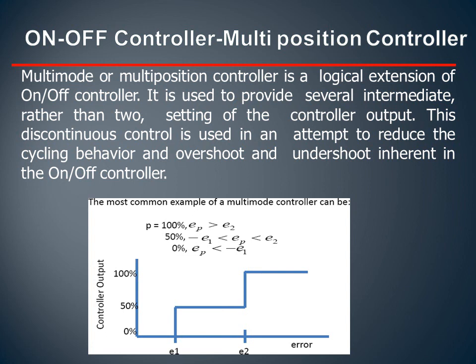Then P is equal to 50% when E is between minus E1 and E2, that is, E is greater than minus E1 and less than E2, and controller output P is equal to 0% when E is less than minus E1.